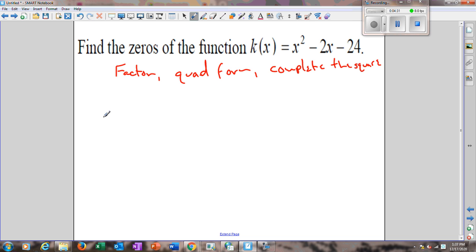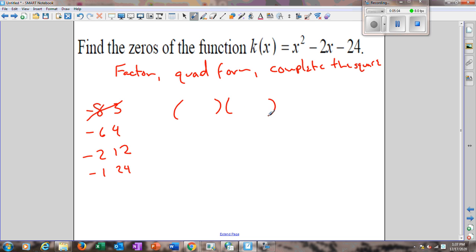So what multiplies to give me a negative 24 and adds to give me negative 2? Well, what multiplies to give a negative 24? There's negative 8 and 3, negative 6 and 4, 2 and 12, and negative 1 and 24. Negative 8 plus 3 is negative 5. Negative 6 plus 4 is negative 2.